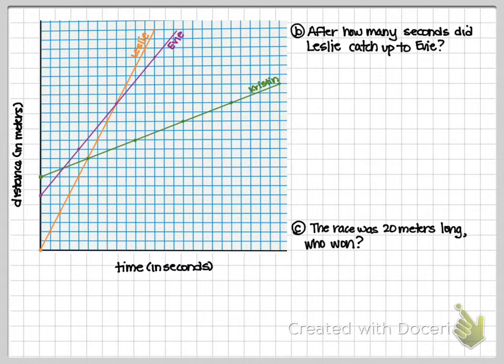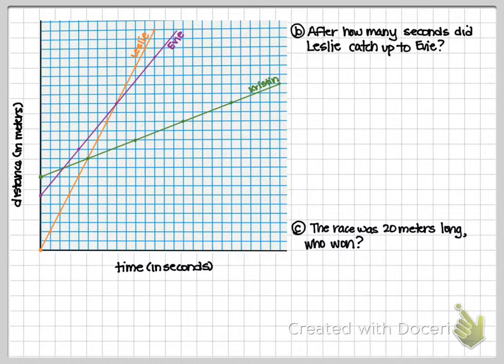Okay, so what I did here was I copied down the graph that we had created on the previous slide, so you don't have to redraw it. I just drew it so that I could have it here as well. Now, you can use your work from the previous slide, and I would like us to write the equations for each of these riders.